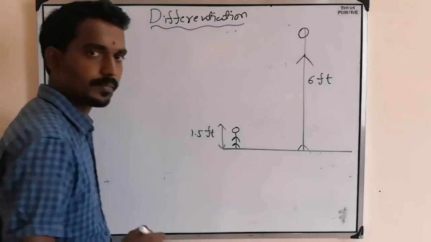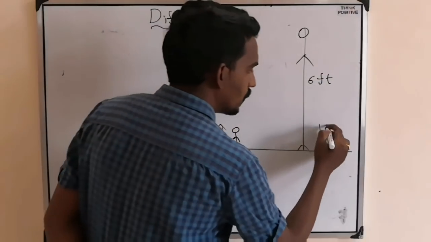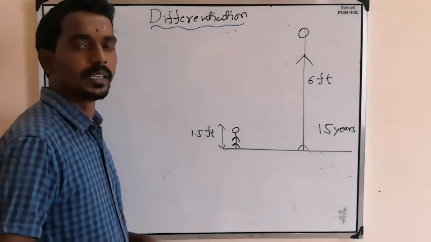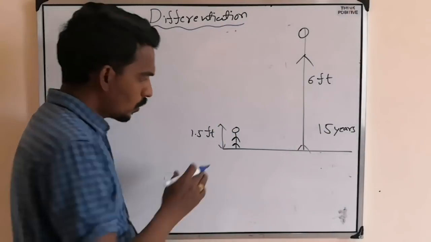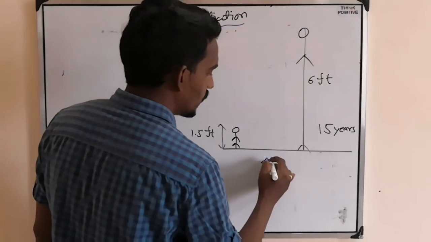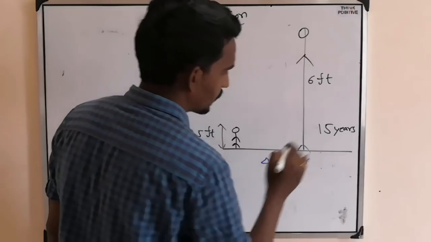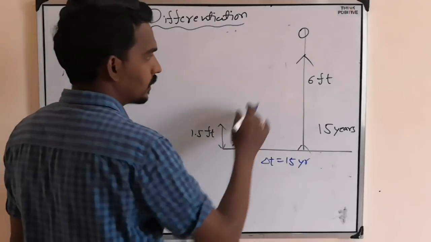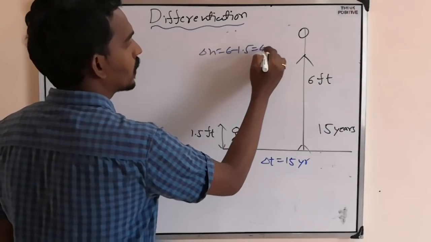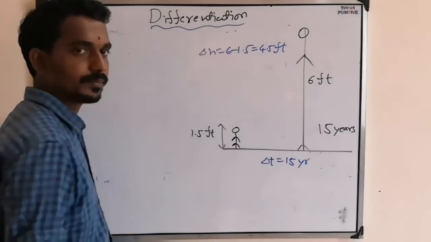Now you became 6 foot after 15 years. So from your birth till now, the time duration is 15 years. The height change is 6 minus 1.5, that is 4.5 foot.